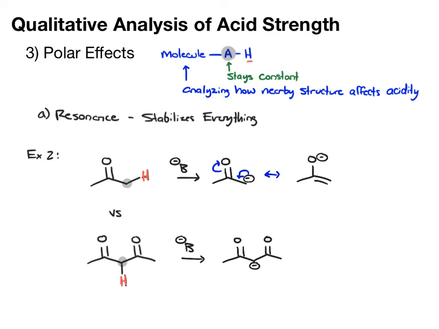This one down here is very similar in that we can move the electrons to the carbonyl, drawing a resonance structure. But what you want to spot is there's more resonance in this second example. You can also move this negative charge toward the other oxygen.